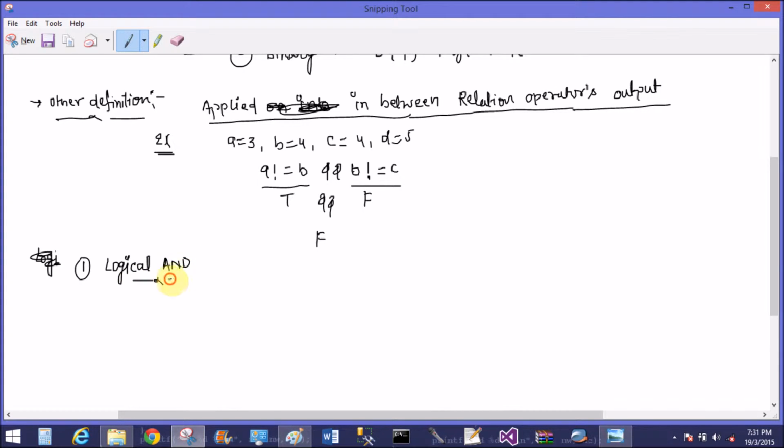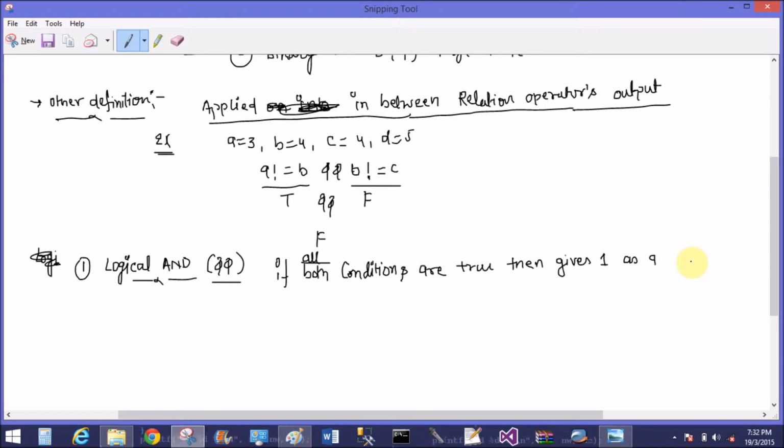Logical AND operator. If both conditions are true, and you can say all conditions are true, then it gives 1 as output, otherwise returns false.